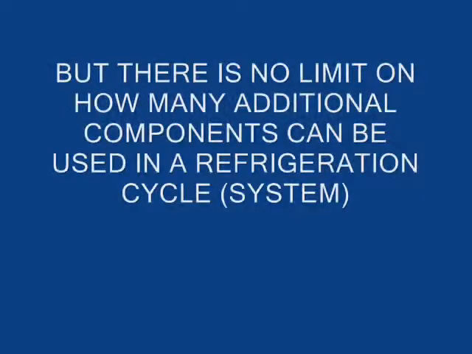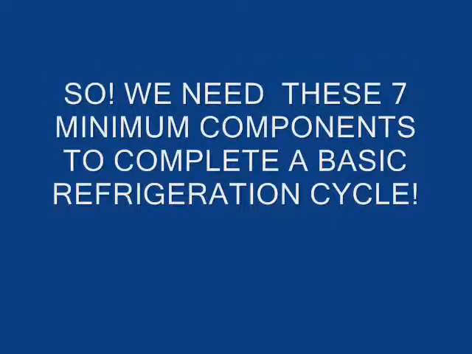But there is no limit on how many additional components can be used in a refrigeration cycle system. So, we need these 7 minimum components to complete a basic refrigeration cycle.